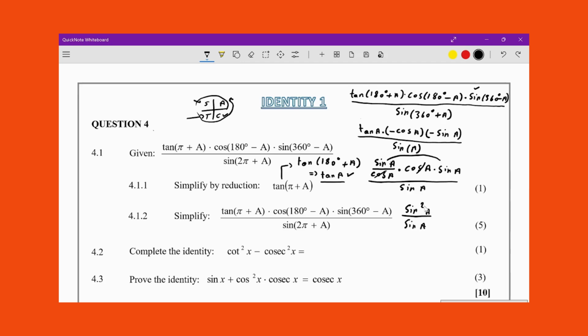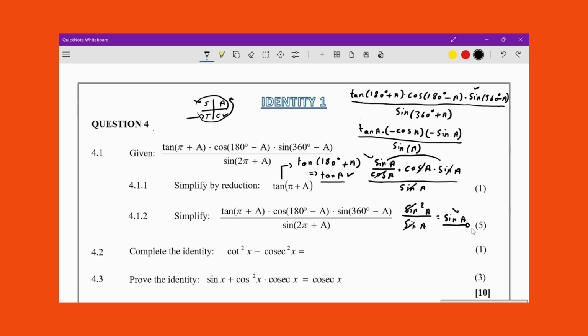In my numerator there are two sines, so one sine and this sine divide against each other, and I end up with only sine a. If you want to visualize how I got sine a, you can simply say that this sine and this sine divide, and I'm left with this one here.